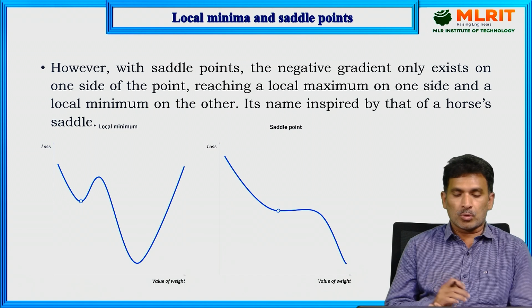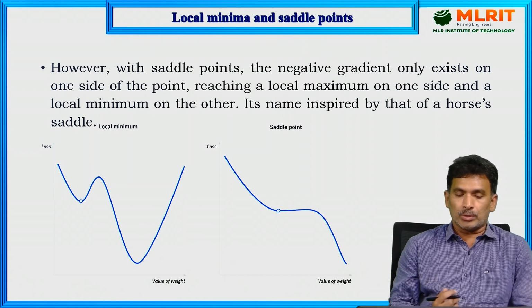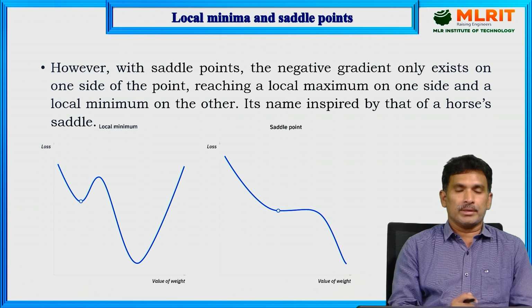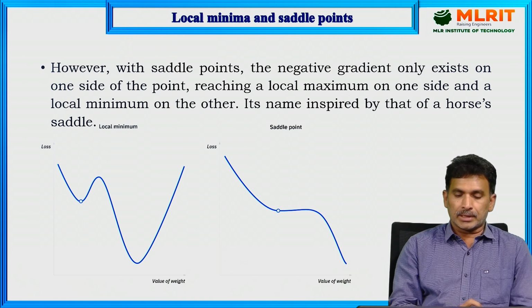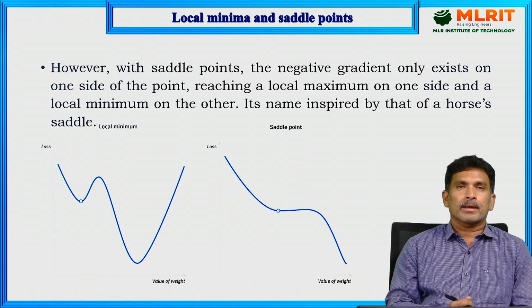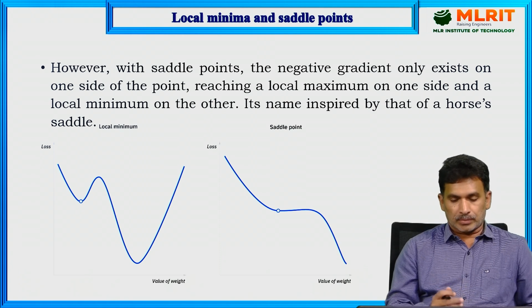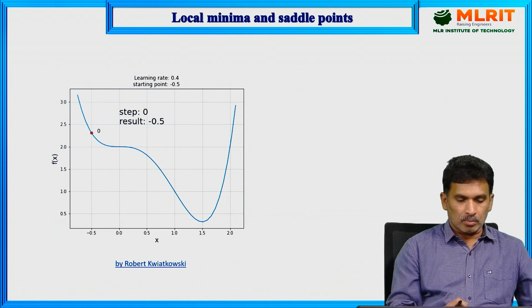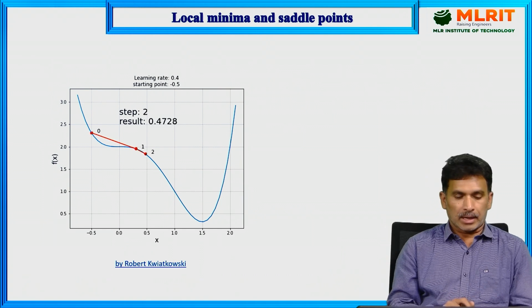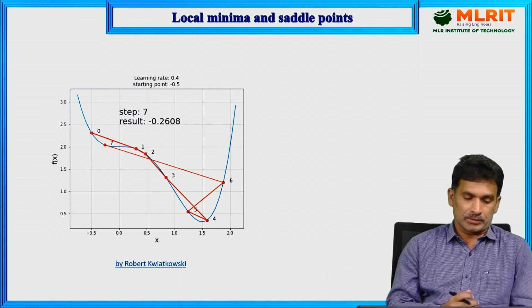With saddle points, the negative gradient only exists on one side of the point, reaching a local maxima on one side and a local minima on the other side. So that is the problem with local minima, global minima, and also the saddle point.